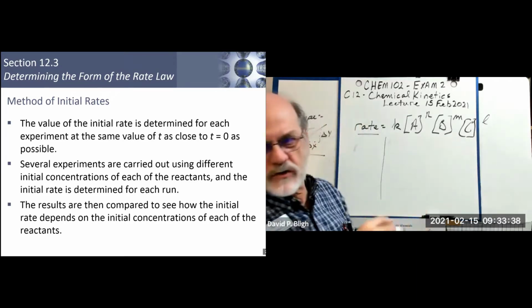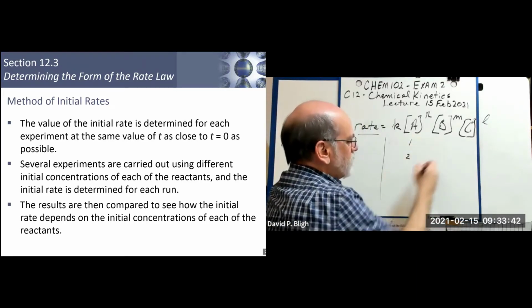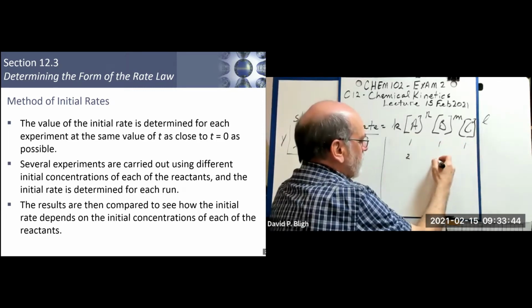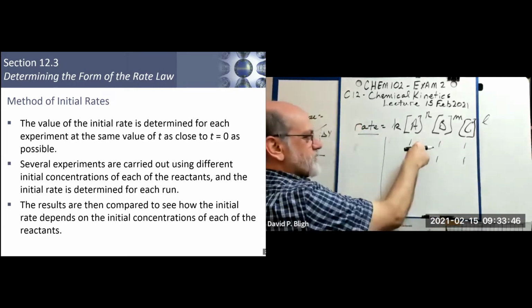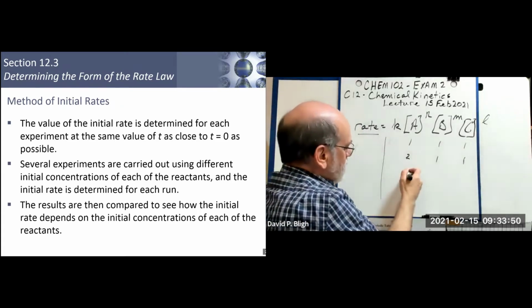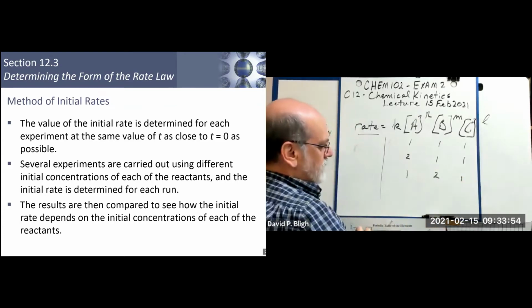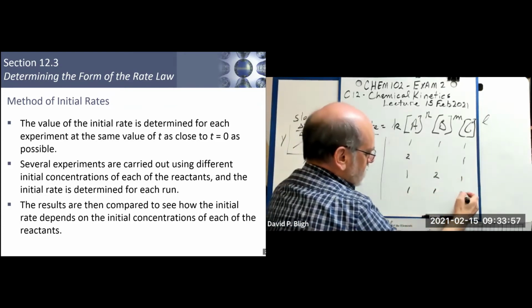Well, I'll just use some arbitrary numbers. Say we go from here from 1 to 2, but here you stay 1 and 1 and 1 and 1. So this is the only one that varies, right? And then you go back to 1 here and let that one vary, right? And then you go back to this one and let that one vary.